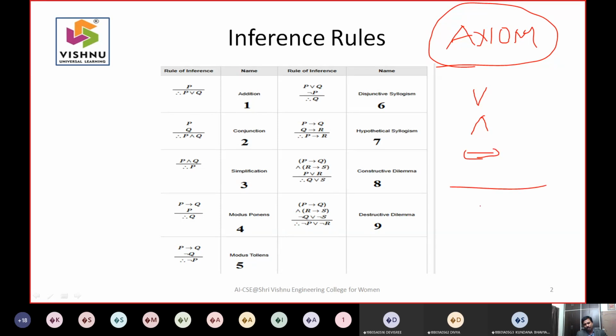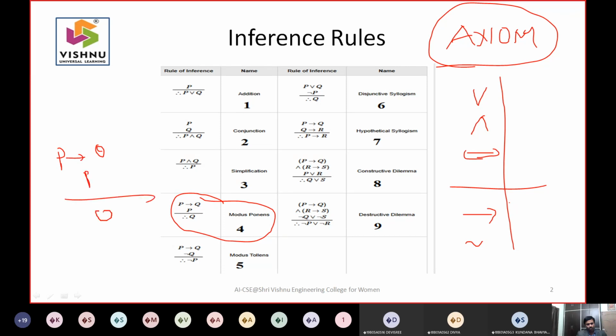The only symbol that is allowed is implication, and not can be applied, because whenever not is applied, it's unary. You can only apply the inference rule called modus ponens. Whenever P implies Q is there and you have P, the inference can be Q. Nothing more than that.